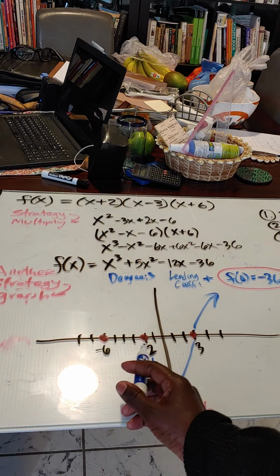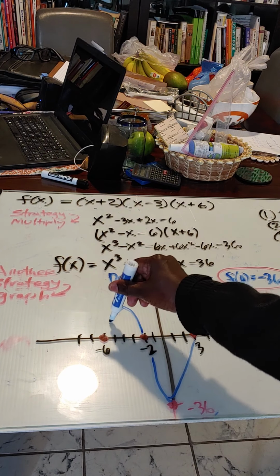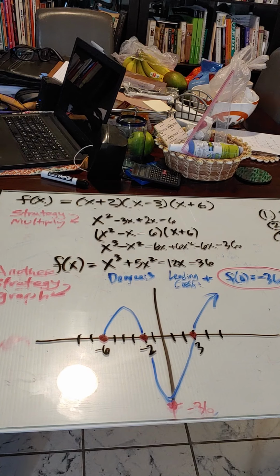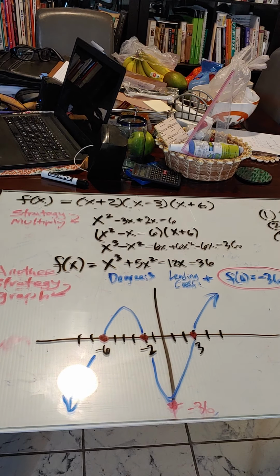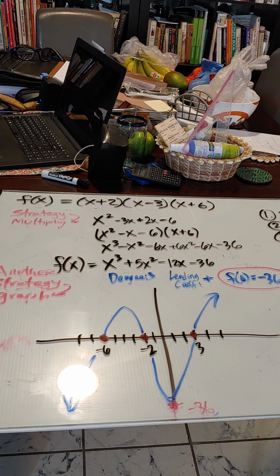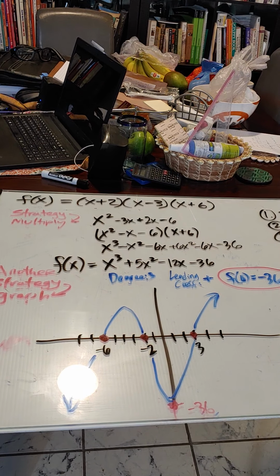And between negative 6 and negative 2, it's going to be above the x-axis, something like that. Okay. And so I have just given a generic graph or image of this function. Okay. And so zeros are really important to identify first.